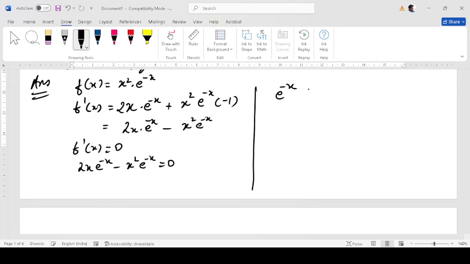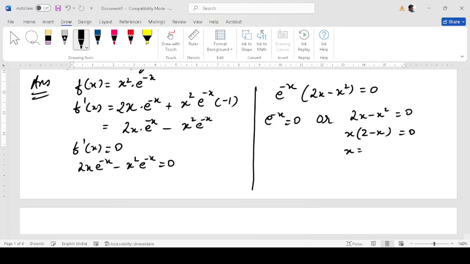We may take e power minus x common so that we get 2x minus x square equals 0. So e power minus x is equal to 0, or 2x minus x square equals 0. Again we take x common, we get 2 minus x equals 0. So from this we can say x is equal to 0 or x is equal to 2.